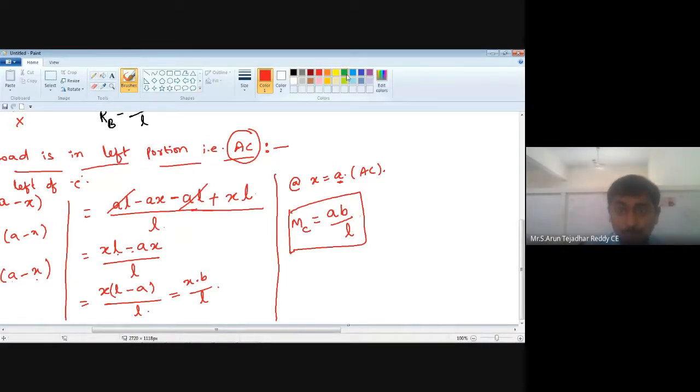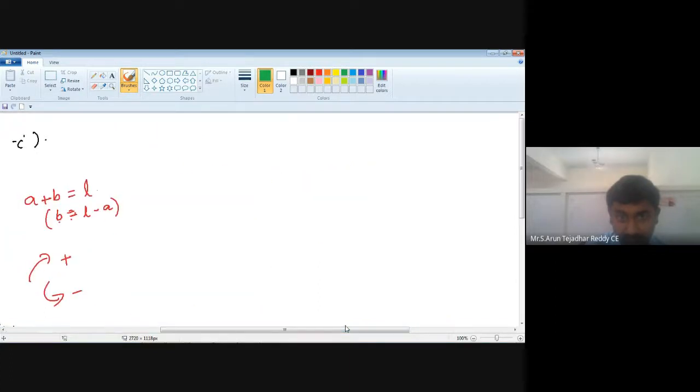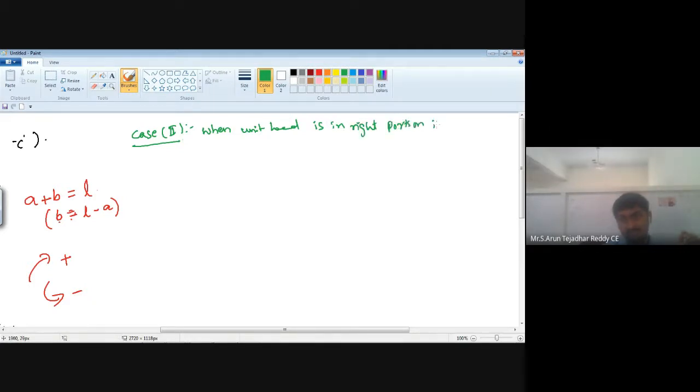Now, case number 2. What is case number 2? When the unit load is in the right portion. What is our right portion here?